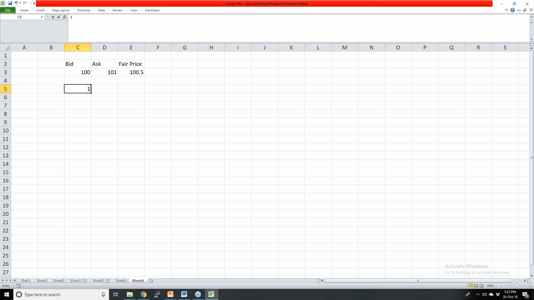However, if the bid-ask is just 100.4 and 100.6, the loss because of a market order would be 0.5 in the first case, right? However, here it would be 0.1. So obviously if the bid-ask spread is low, my losses for a market order will reduce, right?